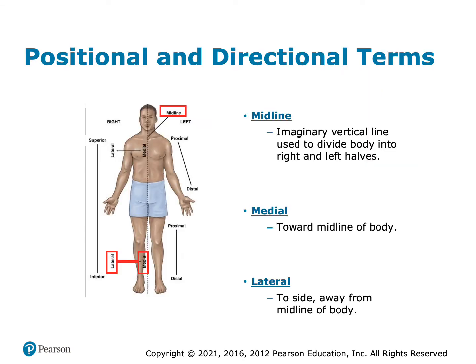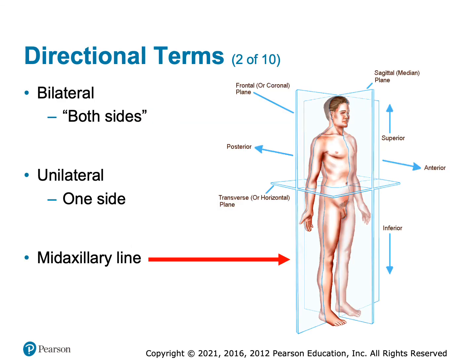Next, we have the midline. This is an imaginary vertical line used to divide the body into right and left halves. In reference to the midline, we have medial and lateral. Medial being towards the midline of the body, lateral being away from the midline of the body.